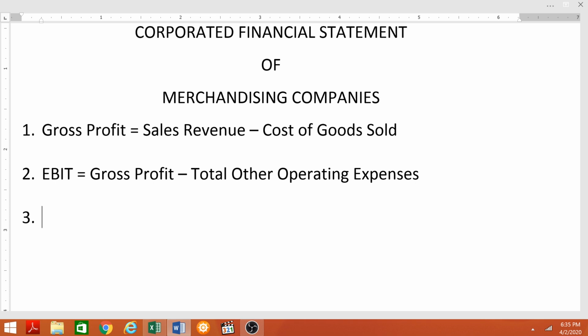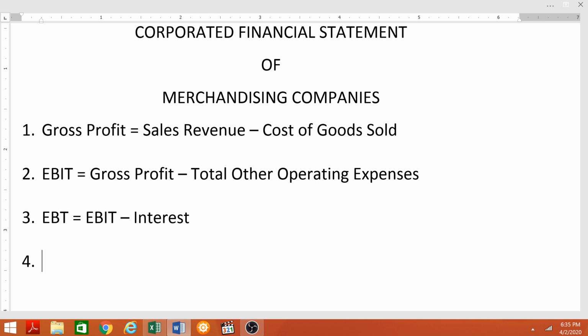Now, for example, if I ask you to calculate earning before taxes, you already have calculated earning before interest and taxes. So earning before interest and taxes has already been calculated. If the amount of interest is subtracted from earning before interest and taxes, we get the result of earning before taxes.